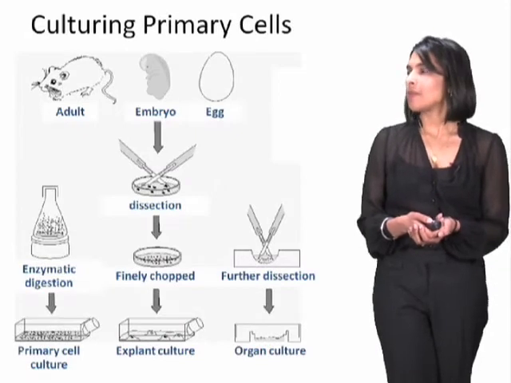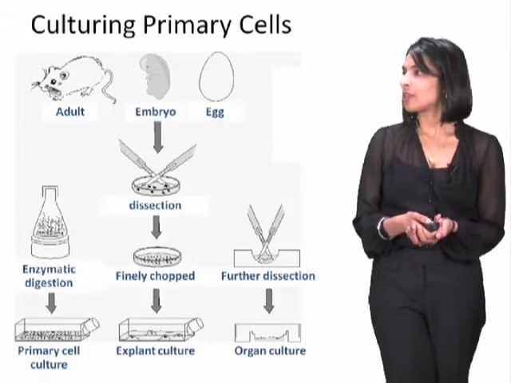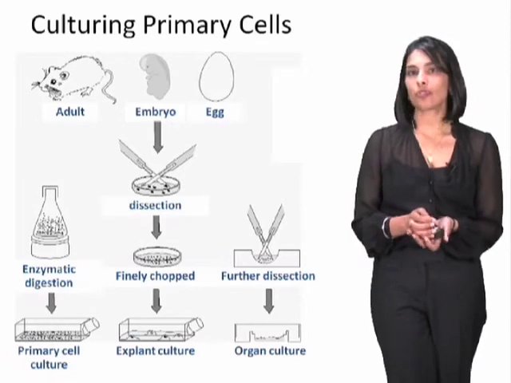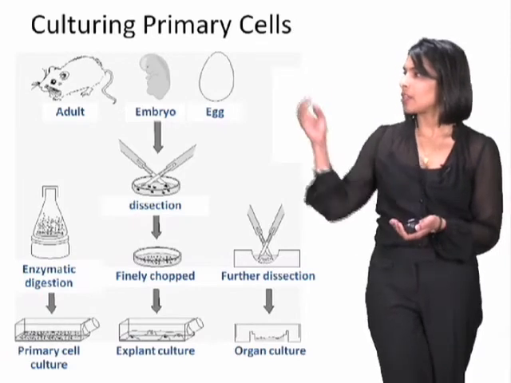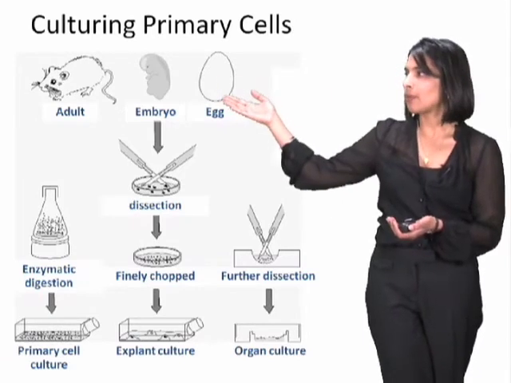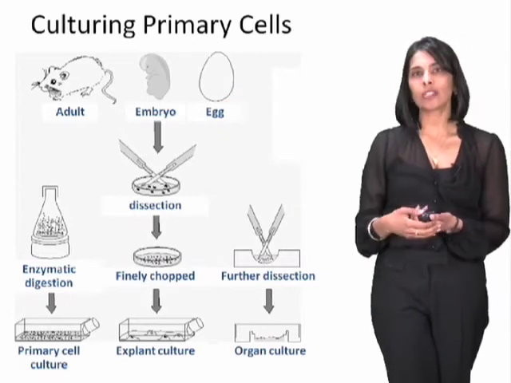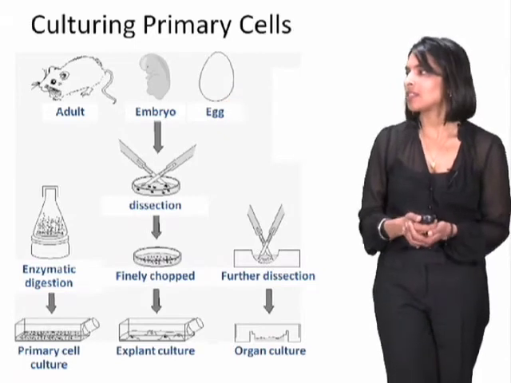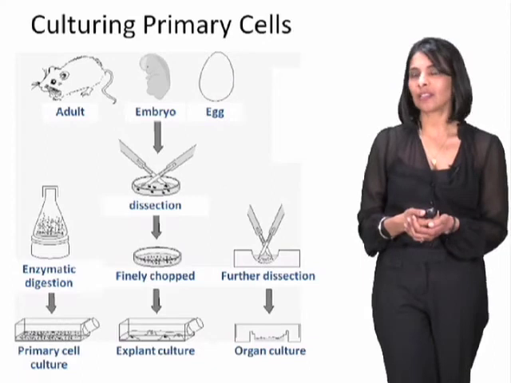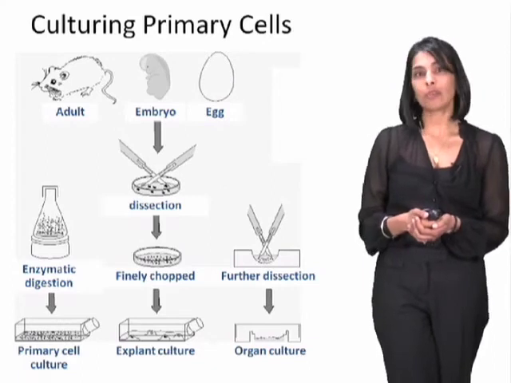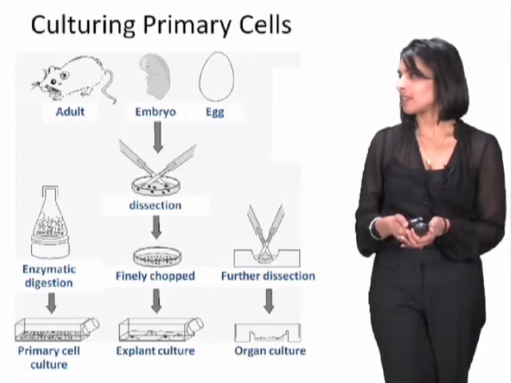So if one is thinking about somatic cells, culturing primary cells, they can be derived in various ways, from an adult organism, from an embryo, or from an egg. Regardless of the source, what's typically done is these are mechanically dissected in the laboratory, and then they can be further processed in one of three ways.